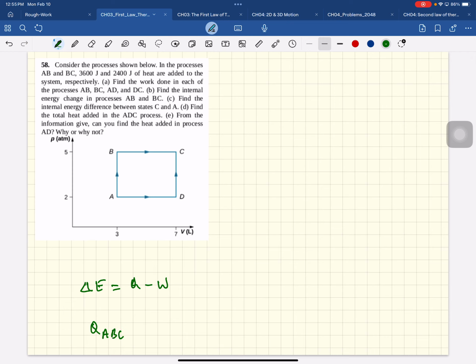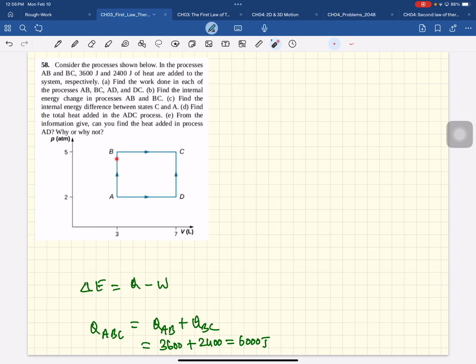That is the path you've taken, and it is equal to QAB plus QBC, equal to 3,600 plus 2,400. Find the work done in each of the processes AB, BC, and AD. I'm going to just do it for this path.